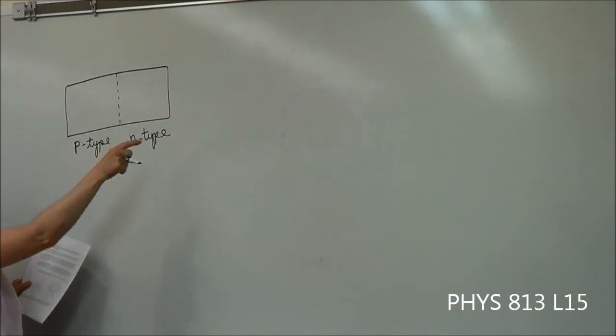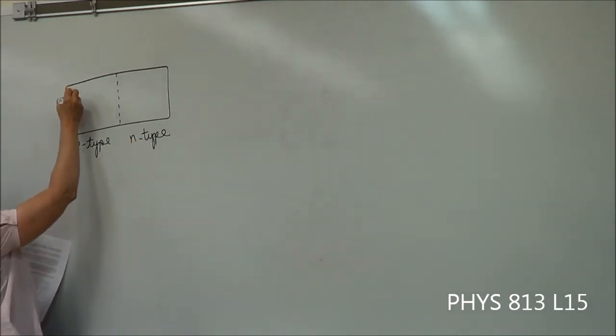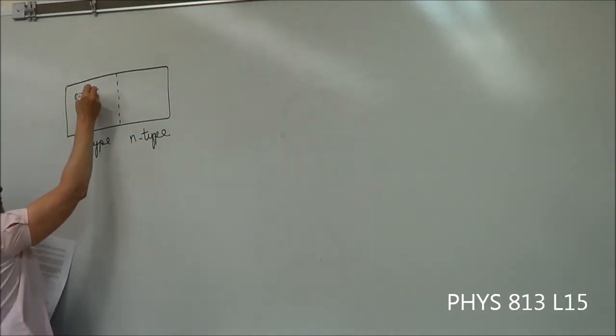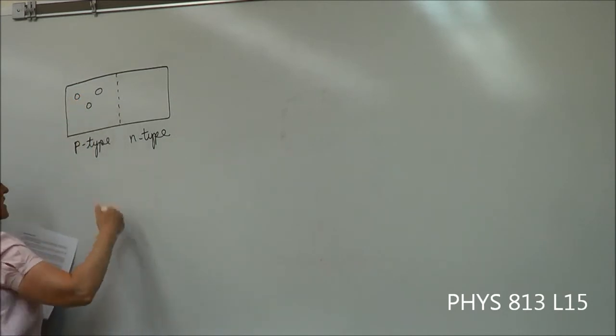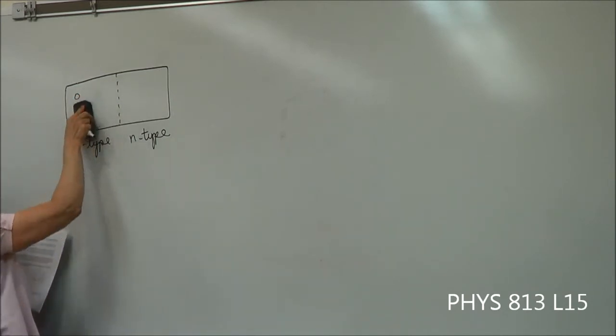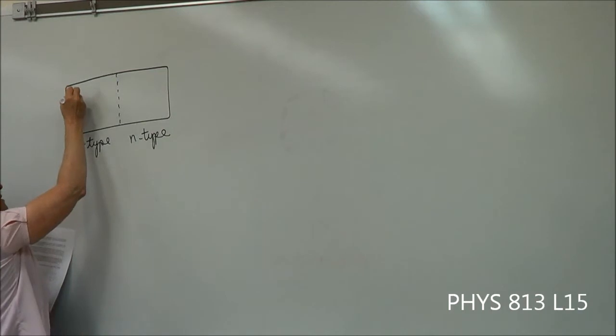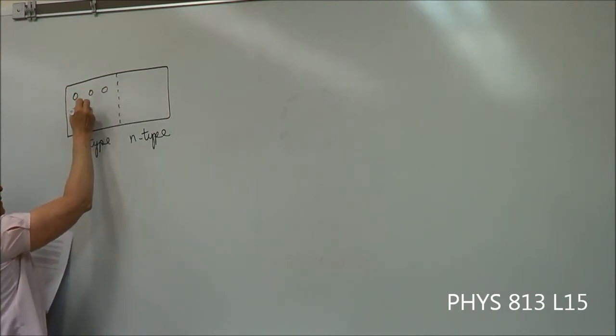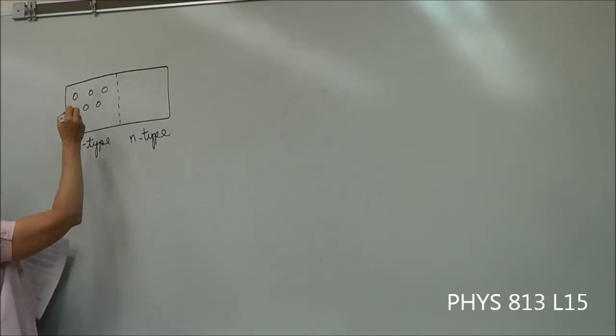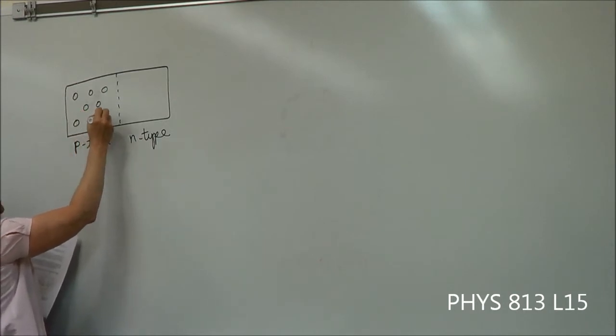Remember, in the P-type material, we had holes. That was the one with the boron. So what we're going to do here is draw several holes. Actually, I'm going to draw more than that. I have a lot more on my paper. I'm just going to do this.